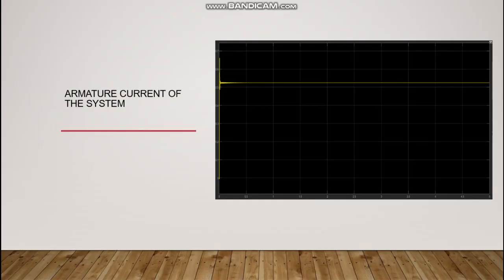For the discussion part, we will start with the armature current of the system, where from the graph we can see that as time rises gradually on the x-axis, the current value becomes constant throughout the time taken, with a value slightly higher than 0.5 ampere.